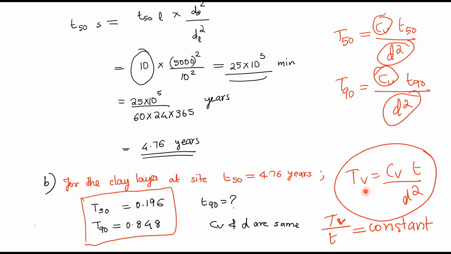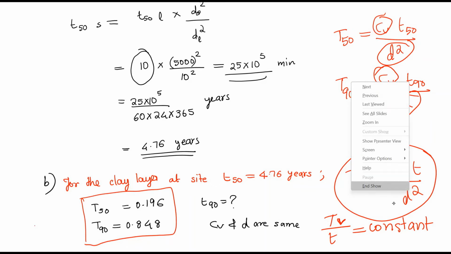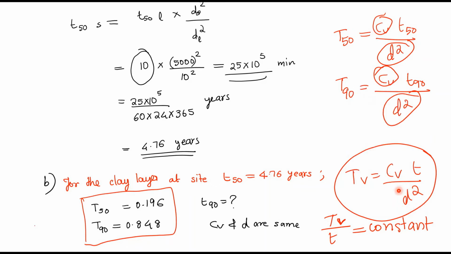Okay, so now we have the same sample, 5 meter thick, single drainage, but we have to find the time required for 90% consolidation. CV is the same, since the sample is the same, and the drainage path is the same, so D square is also the same. So in the second question only two values vary: the time factor and the time required to reach the consolidation.